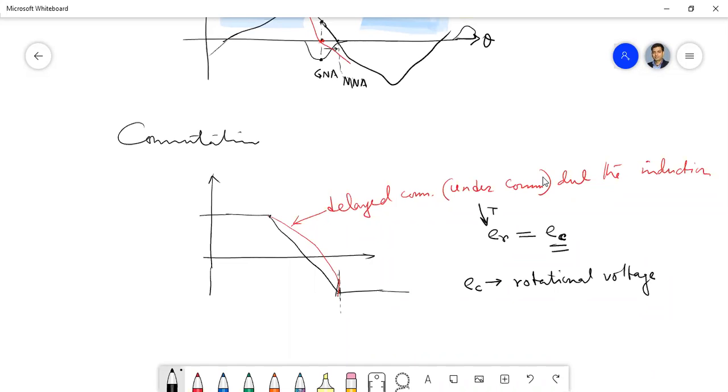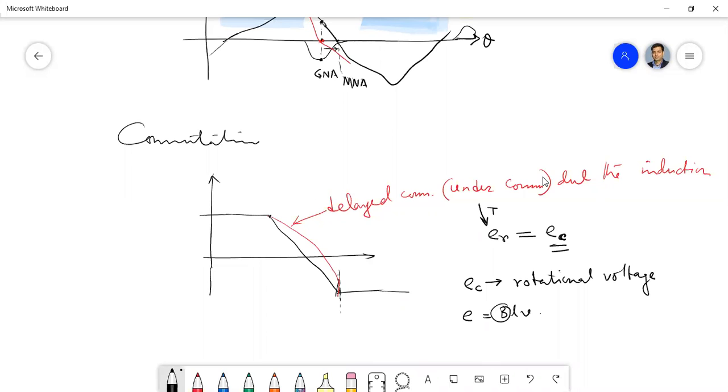So this rotational EMF, if we can create, that can neutralize this transformer EMF, which is called ER. Now, for generating this rotational EMF, you need some sort of flux, because rotational EMF is basically BLV. Okay, so some sort of B you require, flux density.